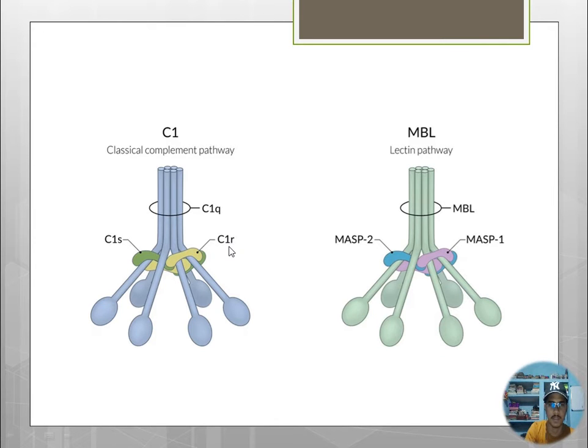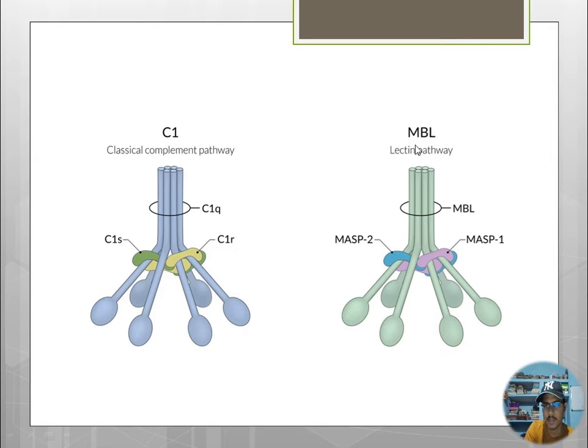Both C1s and C1r are serine proteases. There is only one molecule of C1q, but there are two molecules each of C1s and C1r. So the whole structure of a C1 complement can be summarized as C1q, r squared, s squared.